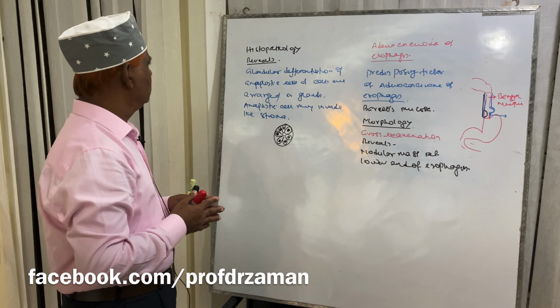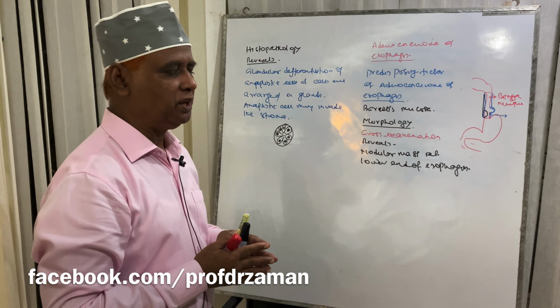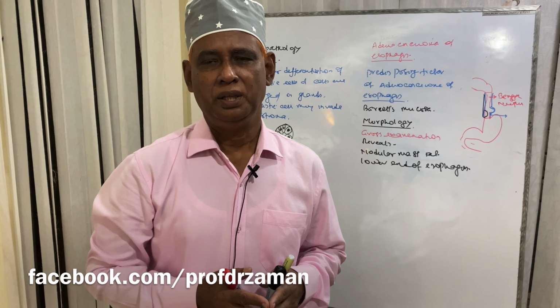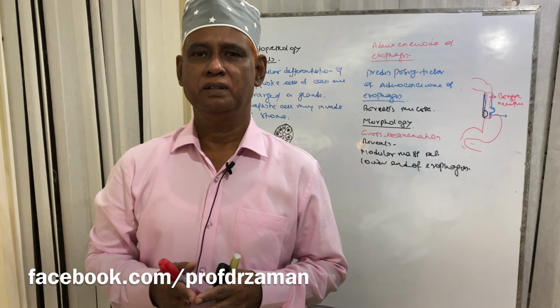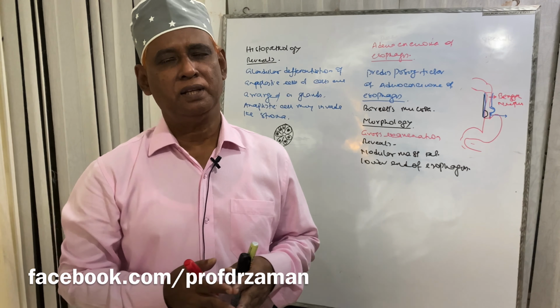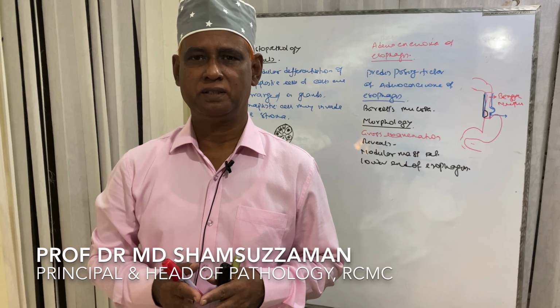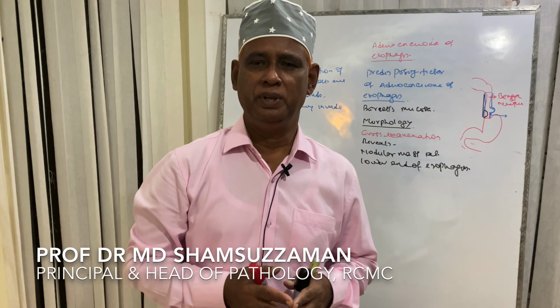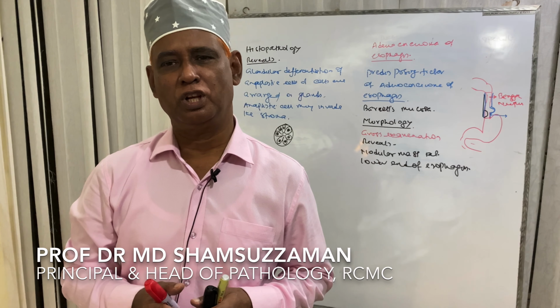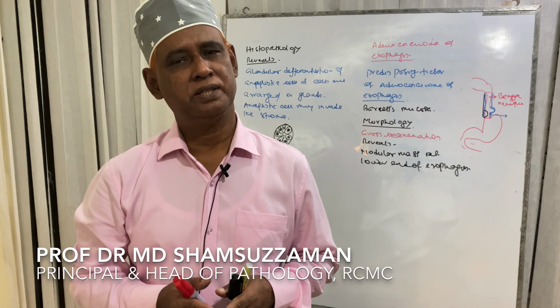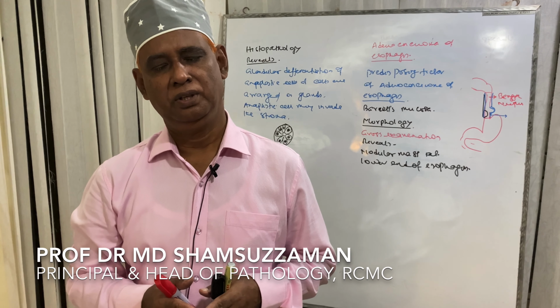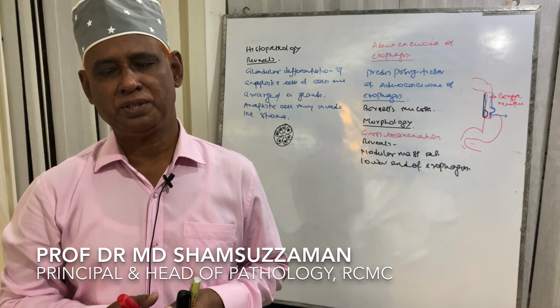Adenocarcinoma: the predisposing factor is Barrett esophagus. This occurs at the lower end of the esophagus, and grossly it is a nodular mass. Histopathology reveals glandular differentiation of the anaplastic cells, and the cells are arranged as glands. Dear audience, today up to this, thanks all.